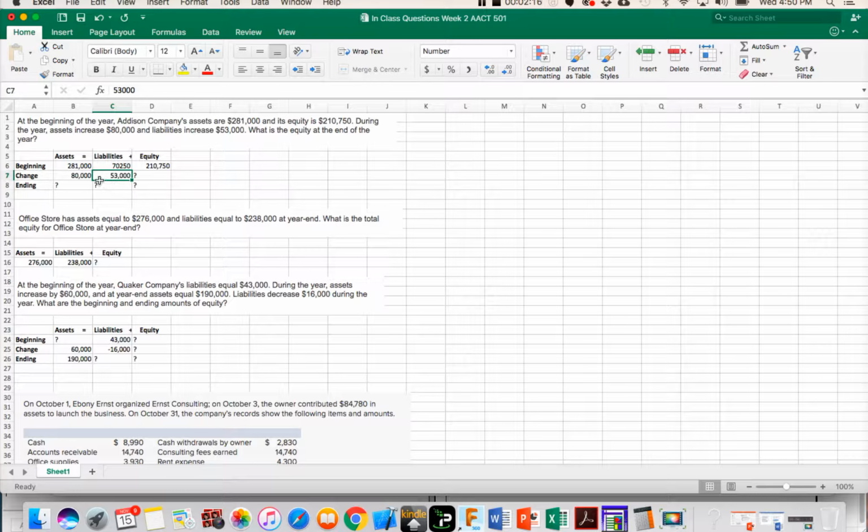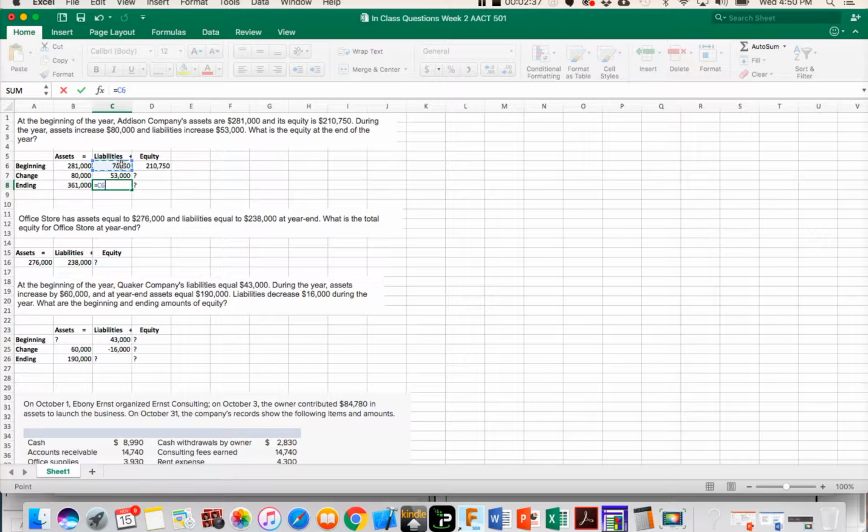I'll fill the rest of these in that same way on this question here. First, 281,000 plus 80,000 equals, just highlight that, plus, highlight that. That gives me my total there. Same thing for liabilities.